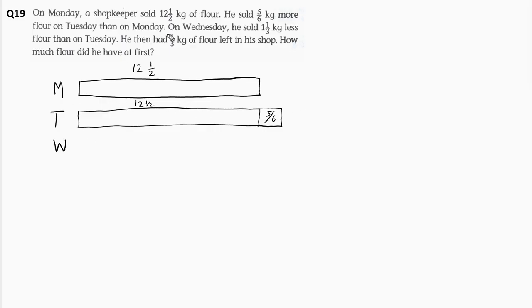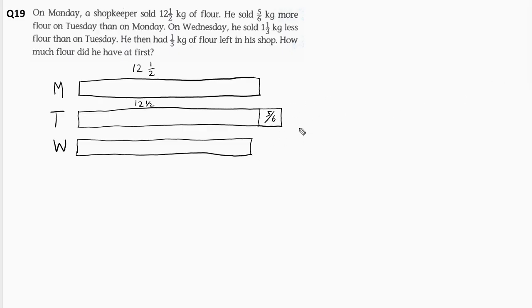Now, on Wednesday, he sold 1 1/3 kilo less flour than on Tuesday. So less than Tuesday. So I'm going to draw this, maybe about here. I don't really know. There we go. So that's Wednesday. And what do I know about Wednesday?